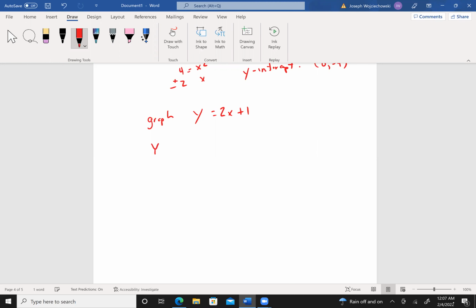You hit the y equals button. Then it should be at y sub 1 equals. So then you just key in the equation. You hit 2, and there's a button. On my TI-83, it says X,T,theta,n. That'll give you your x variable. And then just do plus 1.